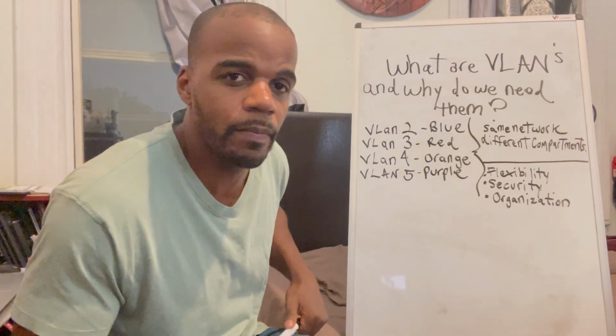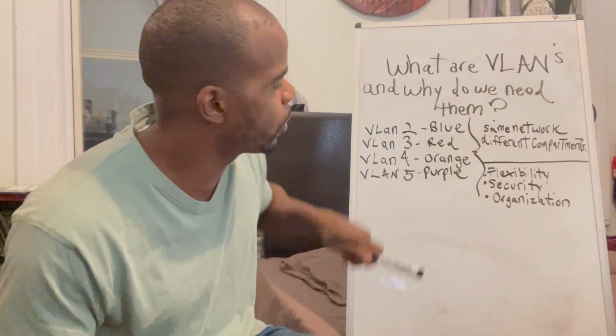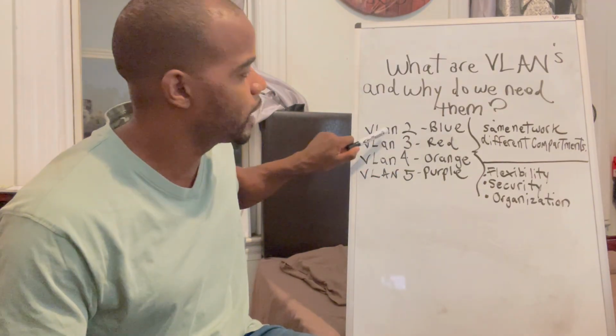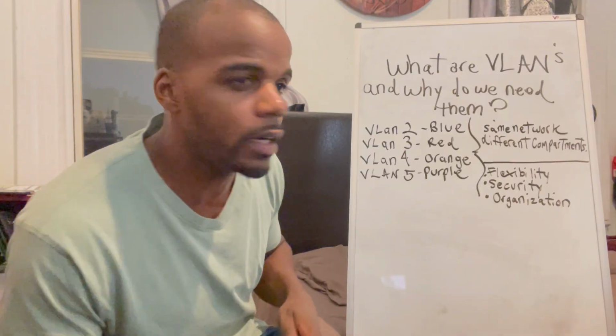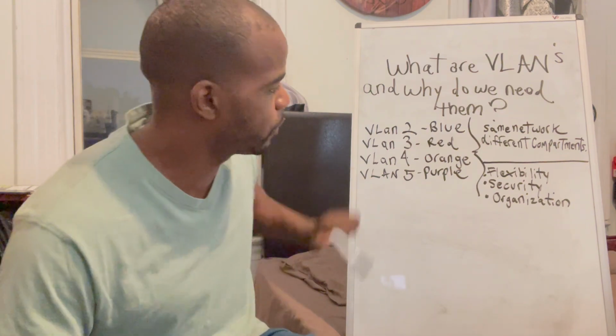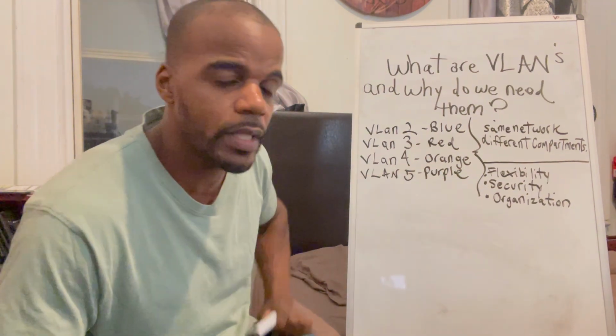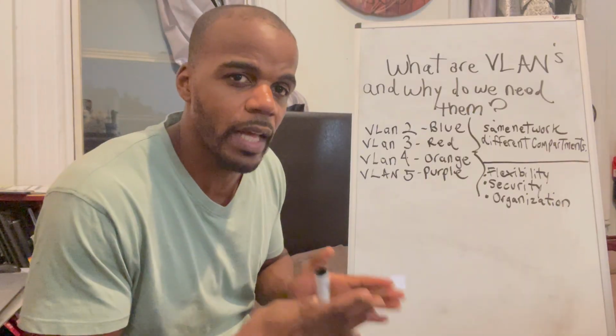I could have made it a lot easier for myself and just put all of these teams into VLAN 2 altogether. But for the sake of flexibility, I broke them down into 4 VLANs for the sake of security and for the sake of organization.